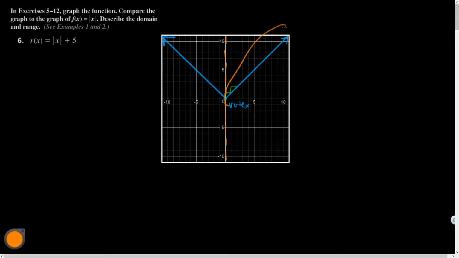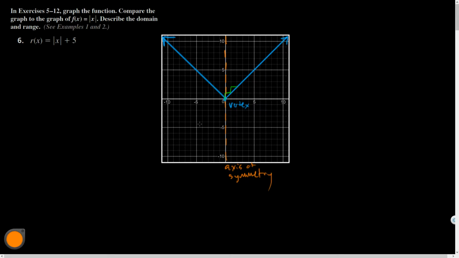I can use that to my advantage. If I graph the right-hand side, this point is 3 units away from my mirror line, so 3 units away over here is another point. This one is 5 units away from the mirror line, so 5 units away over here is another point.